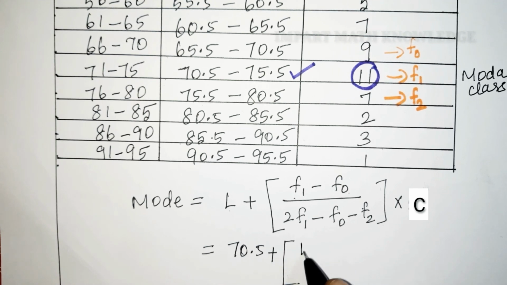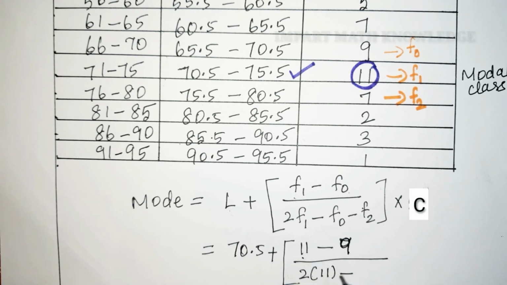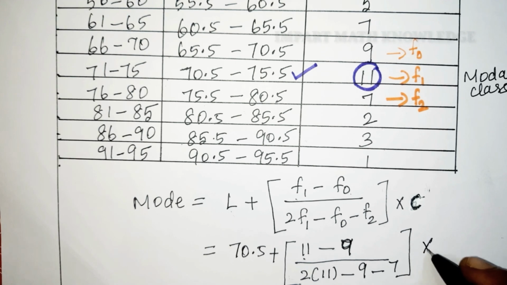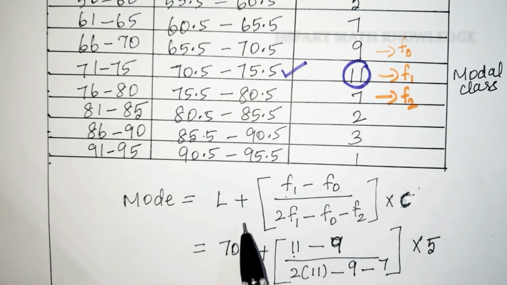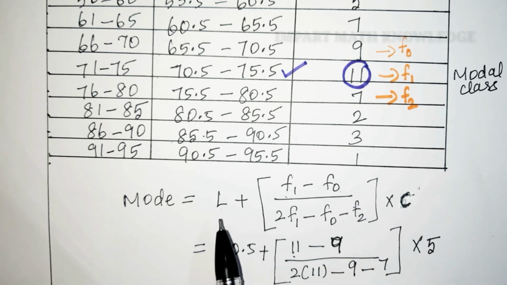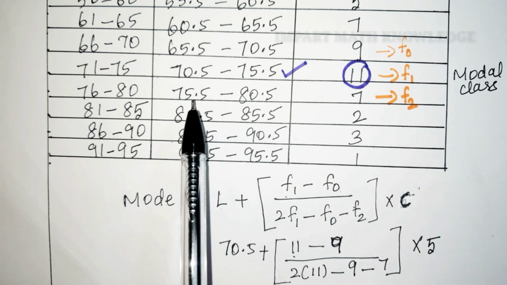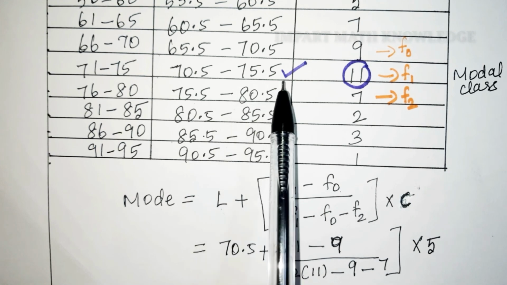F1 is equal to 11, F0 is 9, F2 is 7. C is the length of the class interval, that is 5. The formula for mode is L plus (F1 minus F0) divided by (2F1 minus F0 minus F2) into C, where L is the lower limit of the modal class. Here the modal class is 70.5 to 75.5.